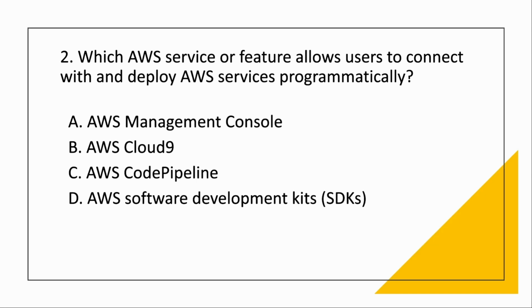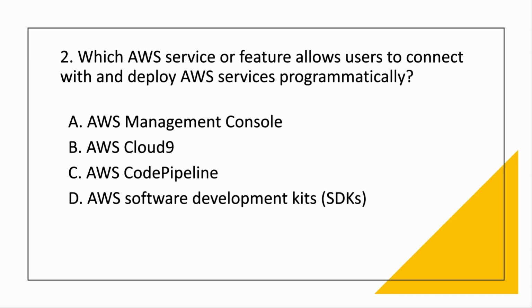No. Cloud9 is basically our AWS Cloud IDE, which lets you run your code and debug your code with just a browser. Then SDK, software development kits. Software development kits help you in simplifying your code by providing the objects for AWS services. Every language has its own AWS SDK. For Java, you have an AWS SDK. For Python, you have an AWS SDK.